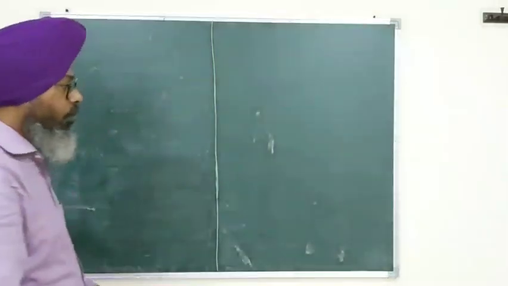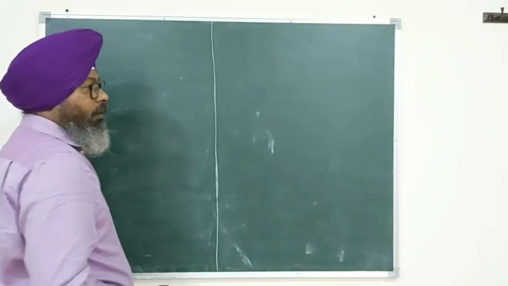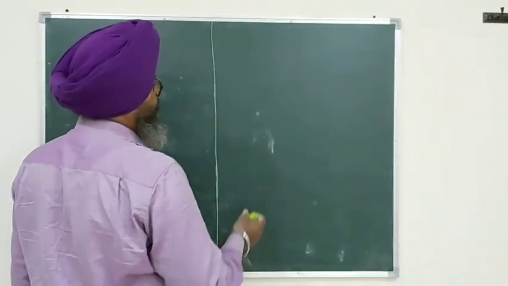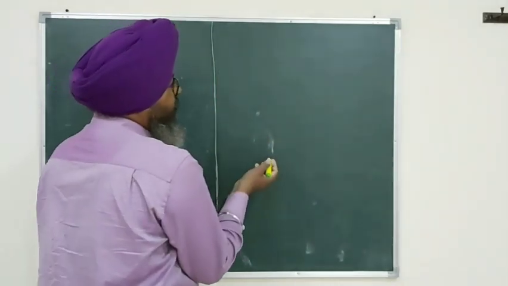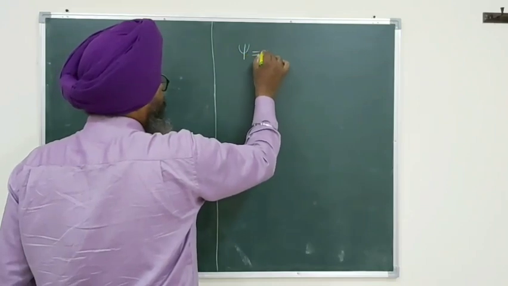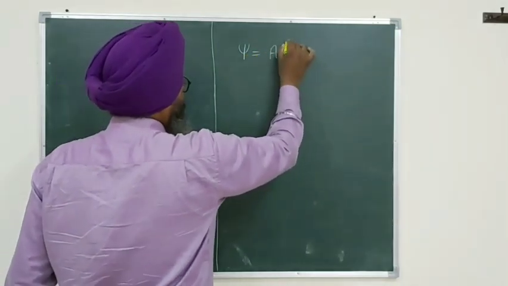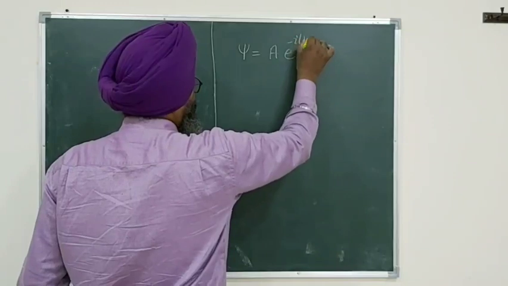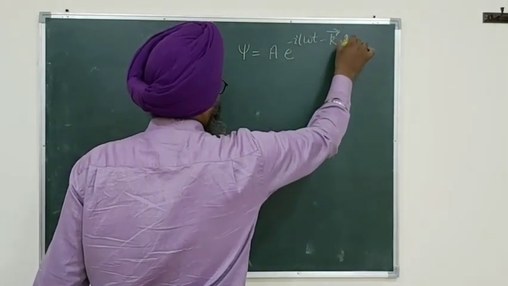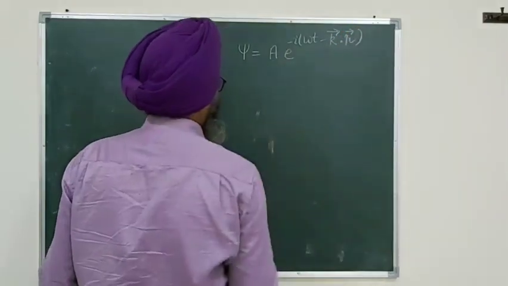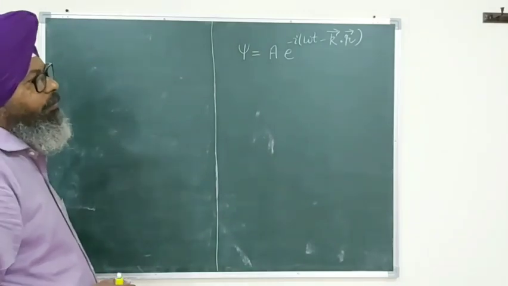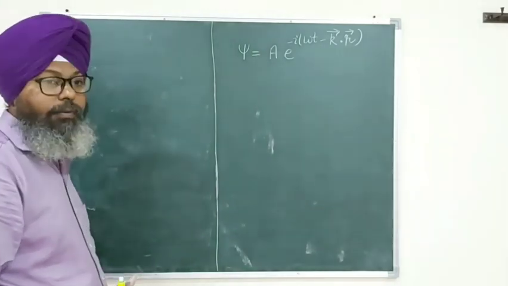Let us now go to the operators in quantum mechanics. Let us take one example. Suppose I have a wave function psi equals A e raised to power minus iota (omega t minus k dot r). Now this is the standard wave function that I will be using from now onwards for every problem.